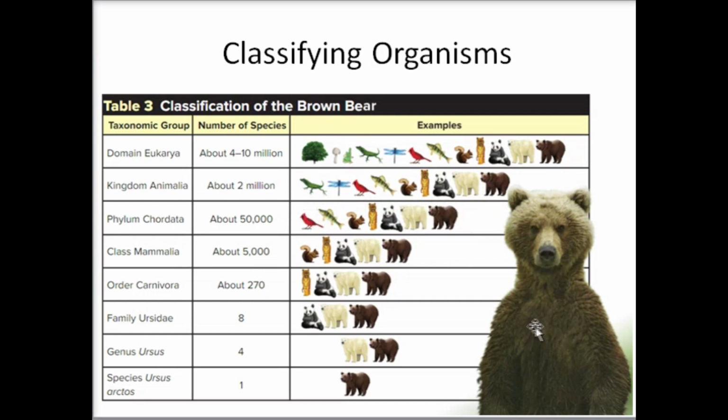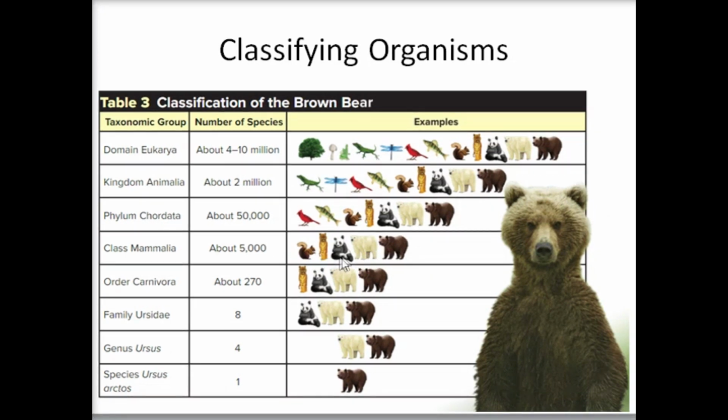So this animal has a backbone, okay? Now you can see here we've got fish and birds as well, and fish and birds are nothing like this bear. So we can get rid of those because this thing is a mammal, and in the next level all we have are mammals.